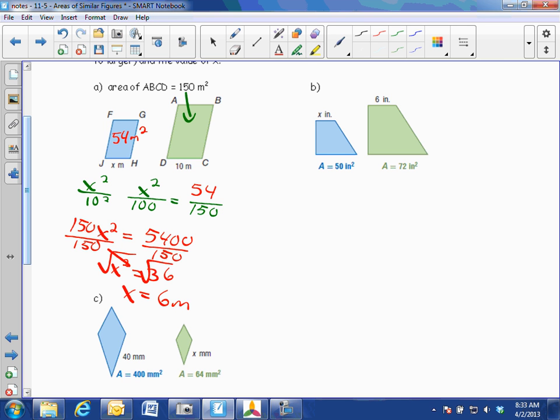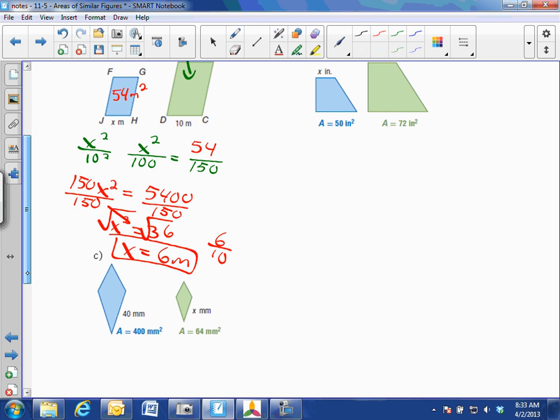Okay, now I want you to read the directions again. What were we trying to find? Side and scale factor. Okay, what is x? X is 6. That's the side they're asking us to find, right? What's our scale factor? 6 over 10. We need to simplify that. Always simplify fractions, remember that big poster? What does it simplify to?